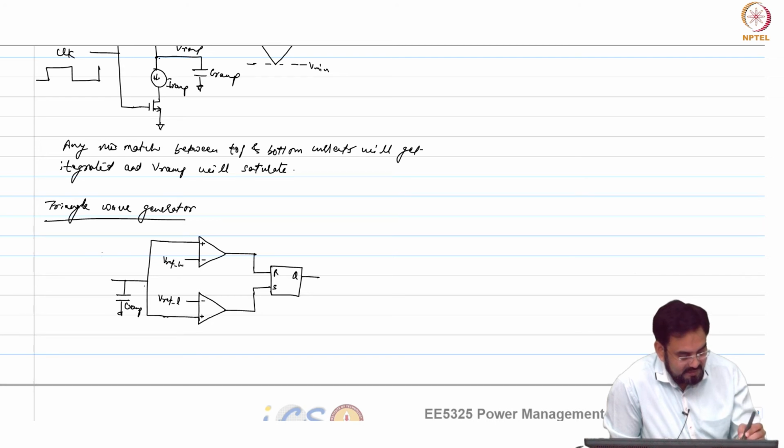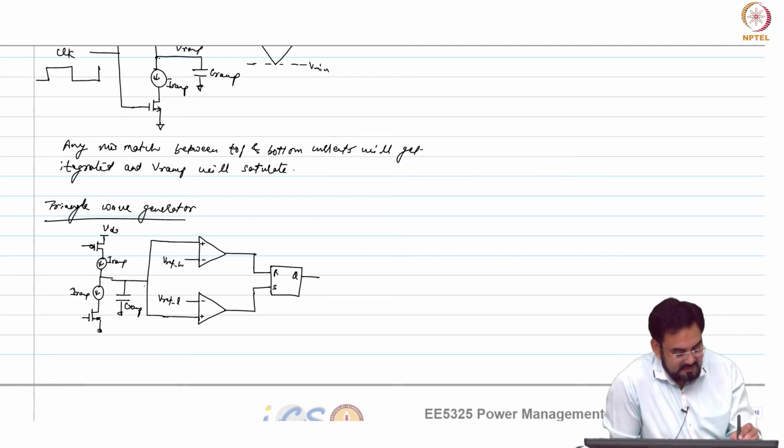This is CRAM. I need two currents here. So let's say PMOS and NMOS current, VDD.